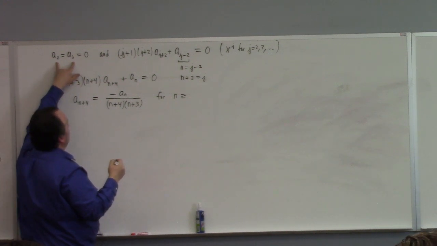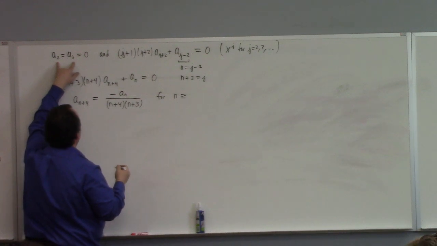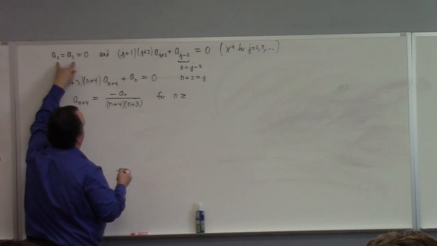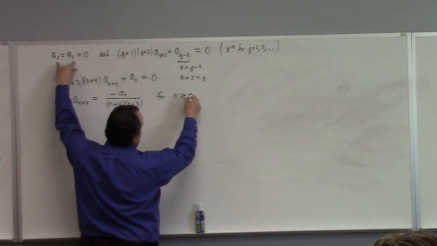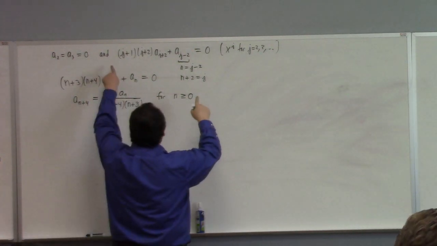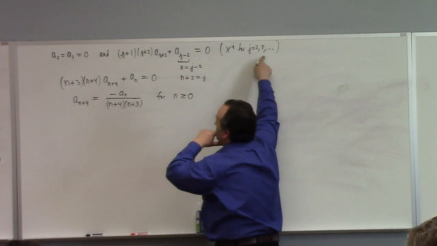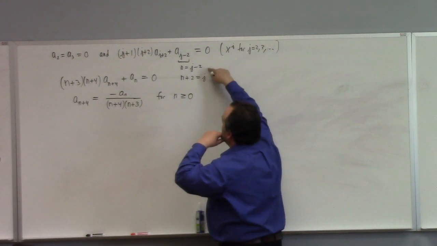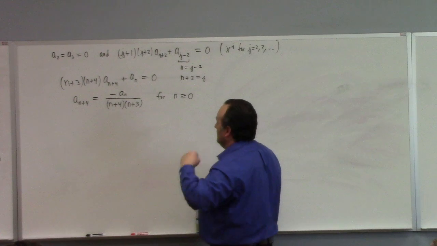We already took care of 2 and 3 here, right? I think this is true for n greater than or equal to 0, actually, if you go back to the source here. Because this equation was for j equals 2, 3, and so forth. So that makes n equal to 0.